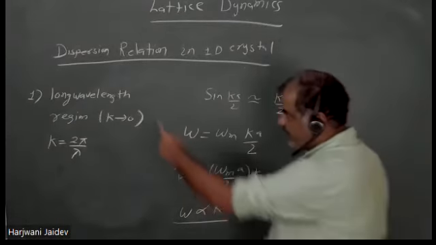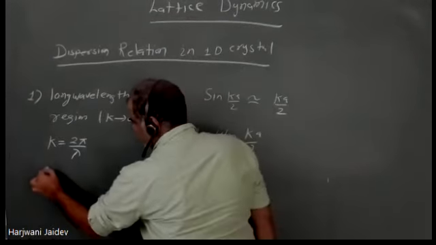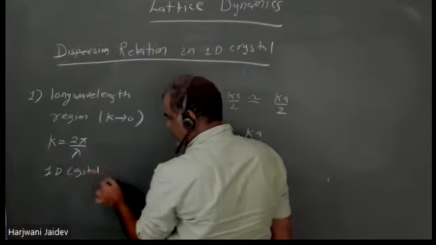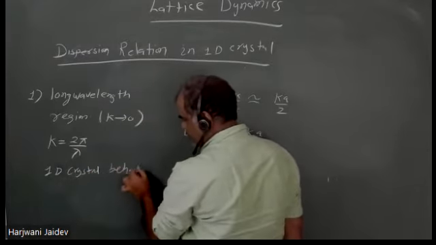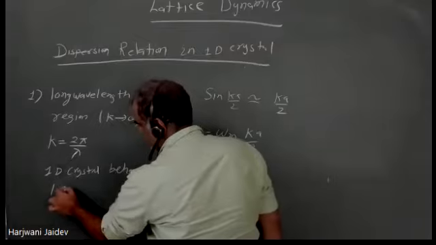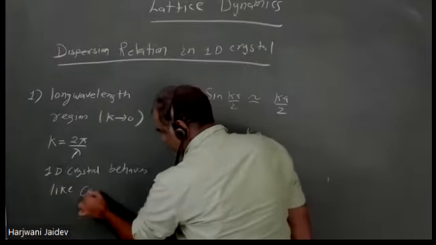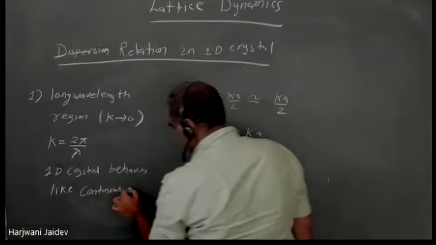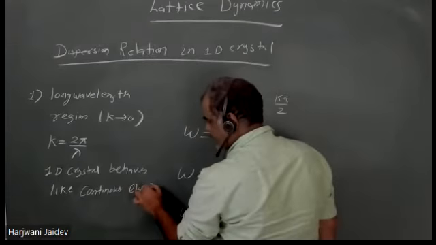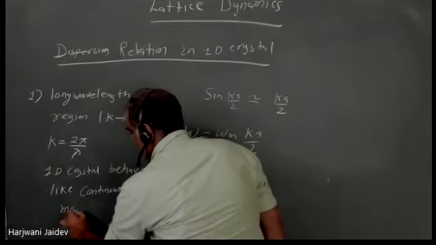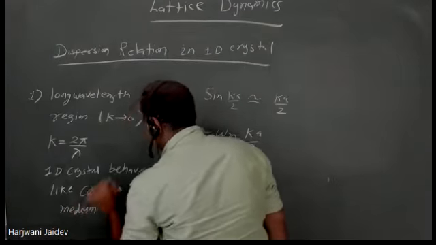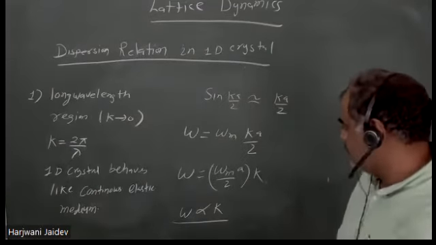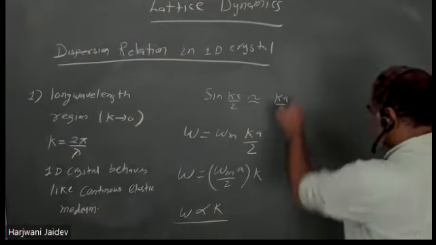So we can write that in the long wavelength region, our 1D crystal behaves like a continuous elastic medium, okay. सर, फिर इस केस में तो ग्रुप वेलोसिटी और फेज वेलोसिटी भी इक्वल होनी चाहिए। So let us calculate.